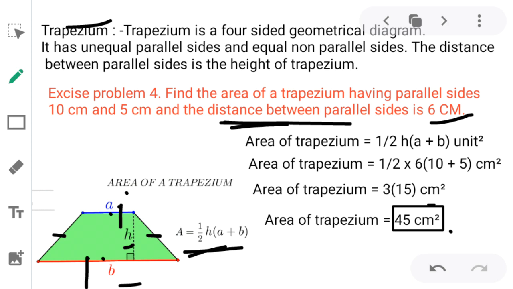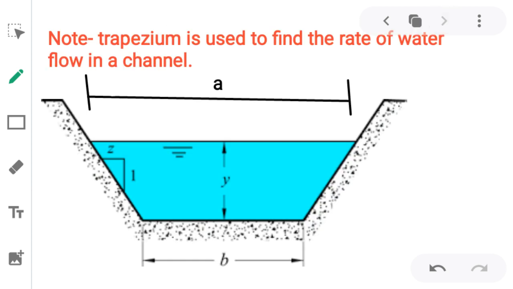So this trapezium is a bit different type of geometrical diagram. It is usually used in calculating the rate of flow of water in channels. So this is the diagram to explain how the rate of water flow is calculated in the channel.